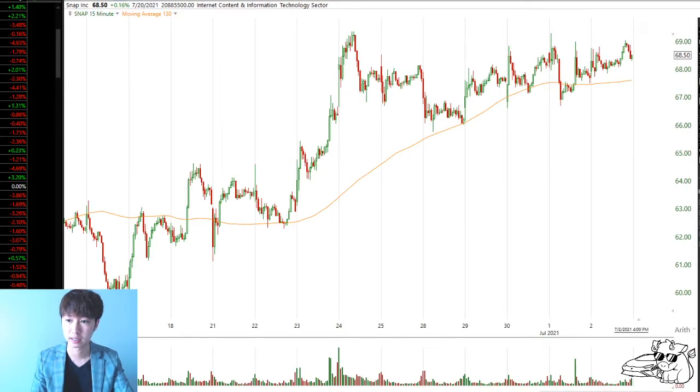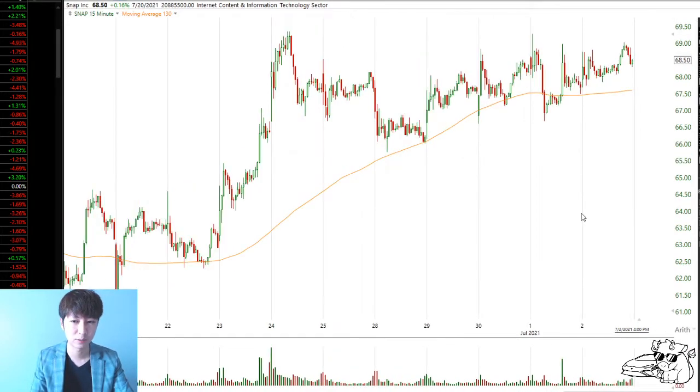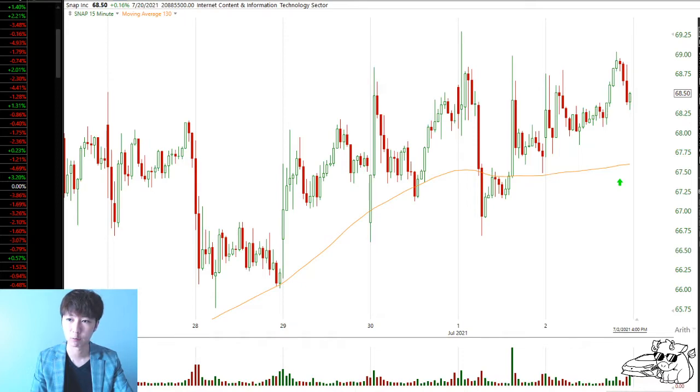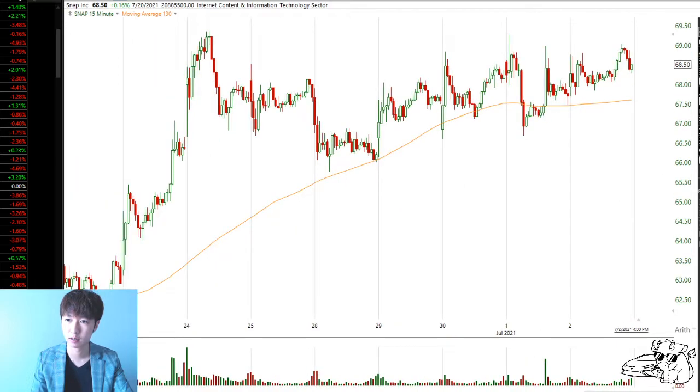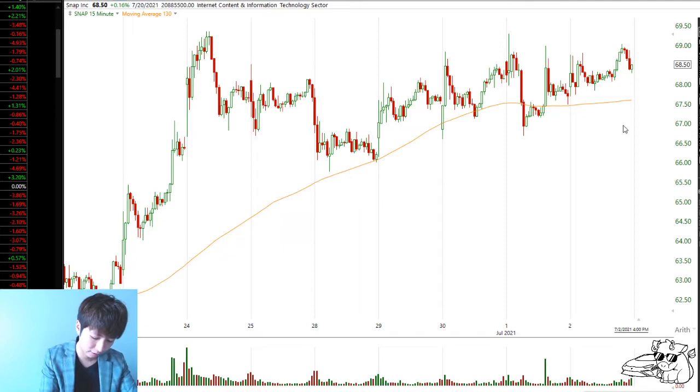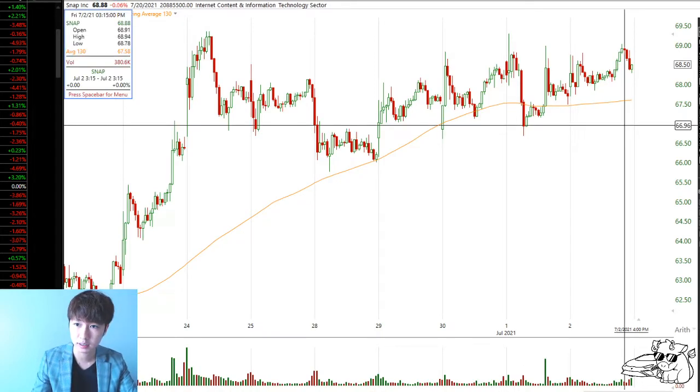If we take a look at the 5-minute, 15-minute chart, the 5-day moving average is also on the rise, right? At the end of Friday, if you look at it even more closely, it made a pretty high move upward, and then it pulled back a little bit. Now, if we can just get above that Friday high, I think it will make a pretty good swing trade, which will be above 69.04. We write that down. 69 for Snapchat. So you want to write SNAP, and what is it again?